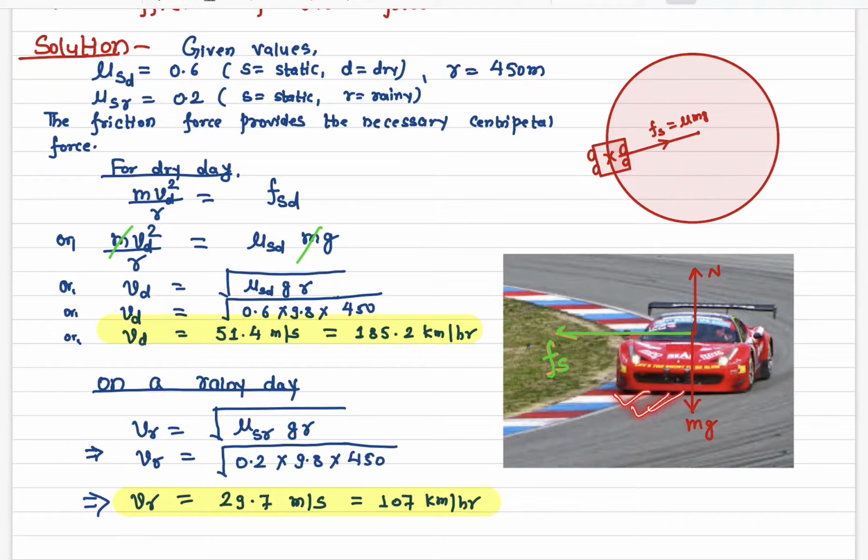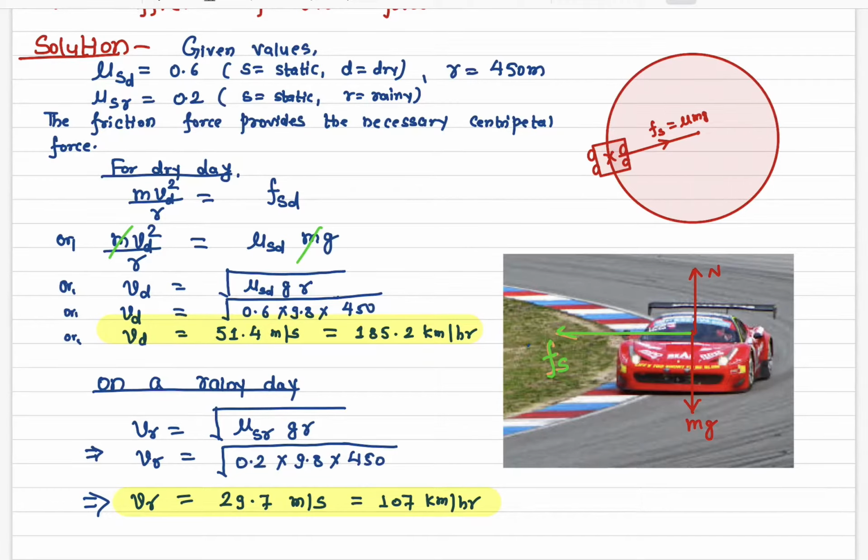So in this particular example, the only way the car can move is the friction between the tire and the ground, the frictional force, acting towards the center of the circle. It is radially inward, and this force provides the necessary centripetal force.